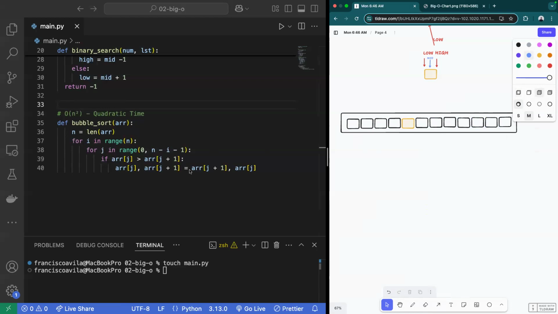Then it says for i in the range. So it's iterating through the first time. Then it says for j in range n, so this is the length, minus 1, meaning that what is being selected is this square for j. So here's our j.